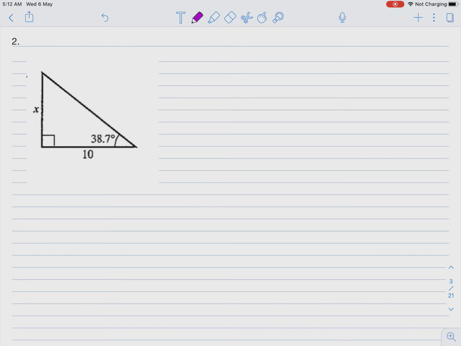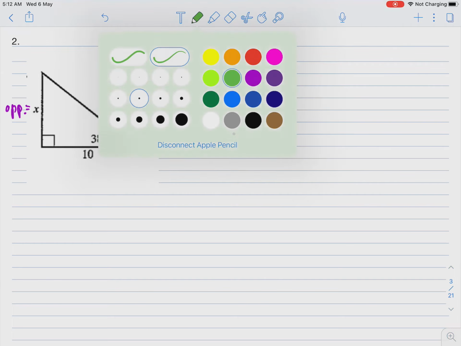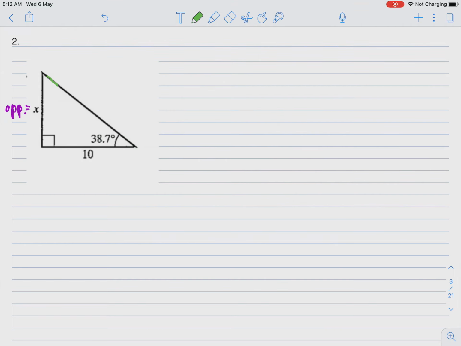I have angle 38.7 degrees and the side x. Now the side x, as you notice, is opposite to the angle 38.7 degrees. So this is the opposite. And this side, which is opposite to the 90 degrees, is the hypotenuse.